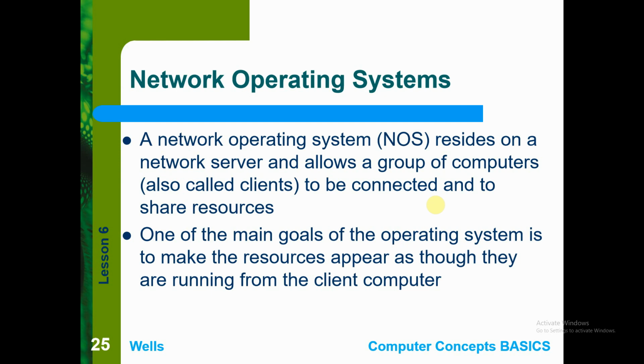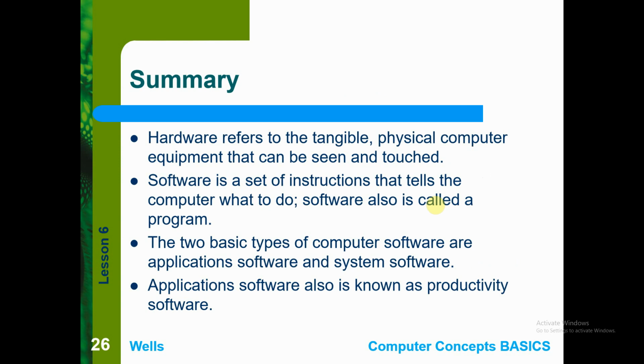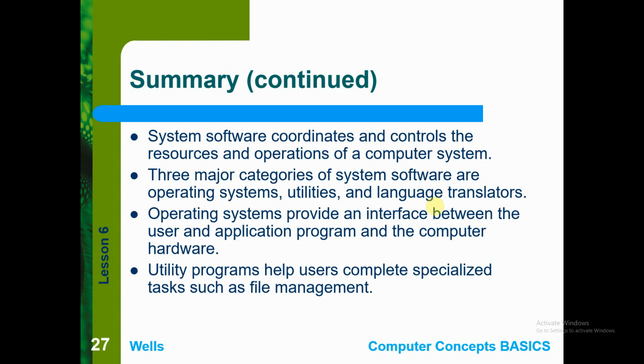from the network server. So to summarize, hardware is physical, software is the set of instructions, and these are also called as programs. And the two basic computer softwares, no, system application, and also known for the application software as your productivity softwares. So system software coordinates, controls the system for resources and operation of your computer system.